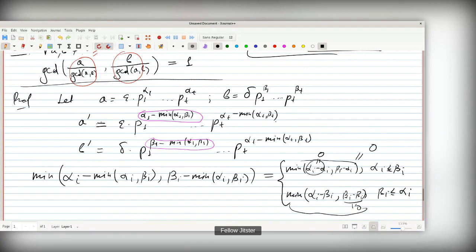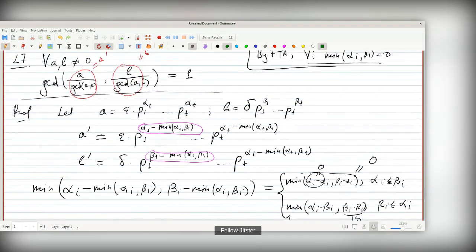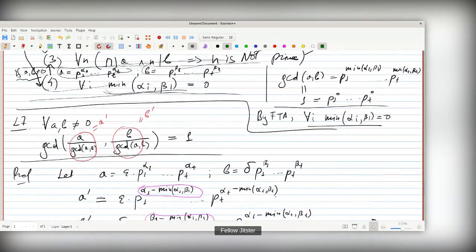Hence, this whole minimum is 0. So in any case, of these two exponents, one is surely 0. So it is not possible that these two numbers share a prime divisor. Hence, they are coprime.